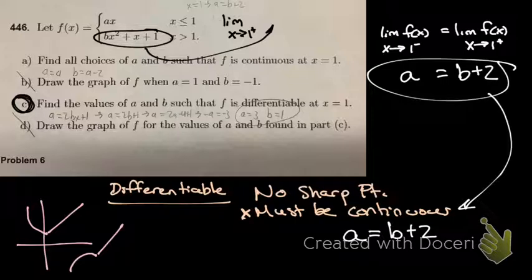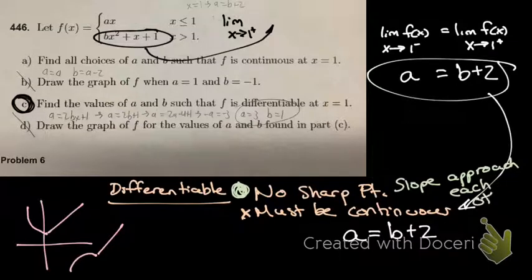Okay. So in order for us to get this, no sharp points, I need the slopes to approach each other. Or again, I need the slopes to be roughly equal at x equals 1. So what's the slope of the first piece?